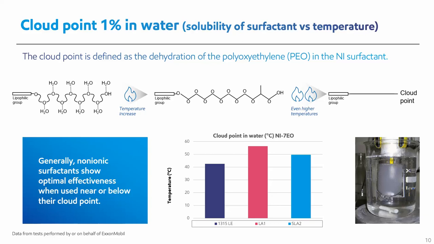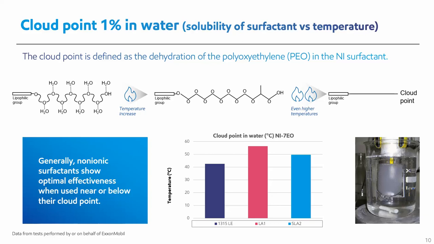Thus, when the temperature rises, the hydrophilic part becomes more hydrophobic. At a critical temperature, called the cloud point, the solution separates into a micellar-rich phase and a micellar-poor phase. Because the phase separation is slow, the solution first becomes cloudy.